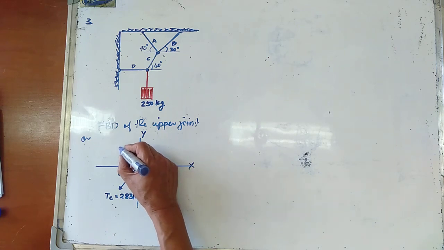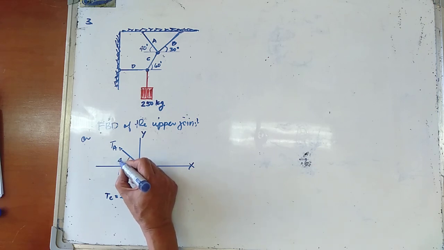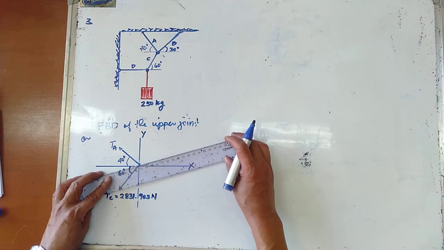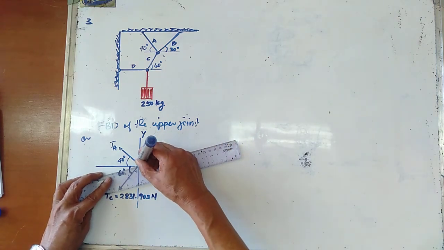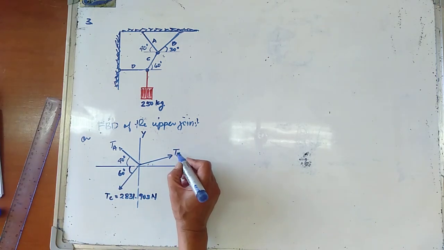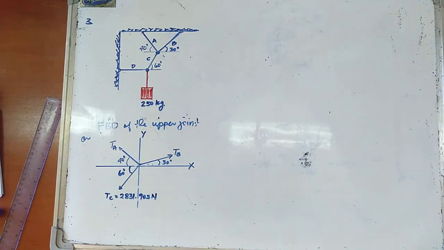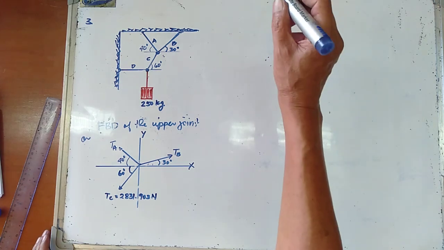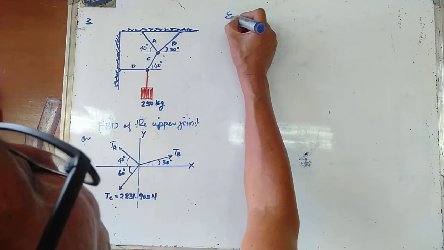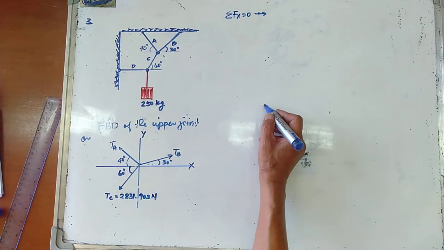the x-axis. So this is your TA, equal to 40 degrees. And your TB makes an angle of 30 degrees with the x-axis. Now, summation of forces along the x is equal to 0, to the right forces positive.